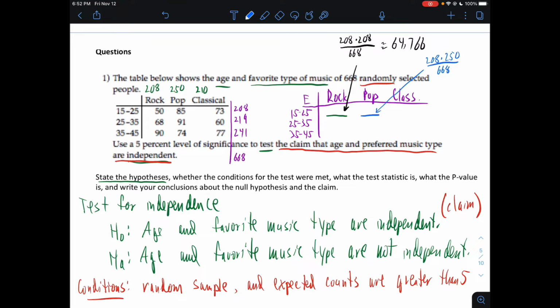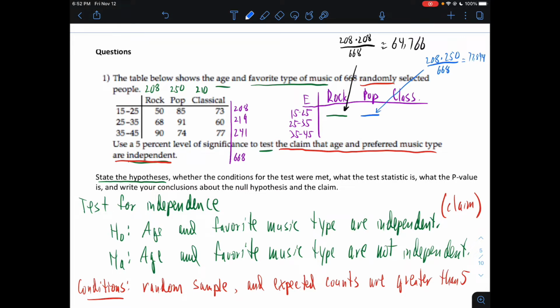So 208 times 250 divided by 668, and that gives us 77.844. All right, so that's how we fill in the whole two-way table of expected values.